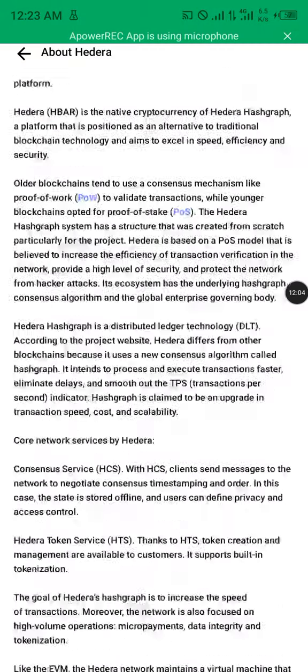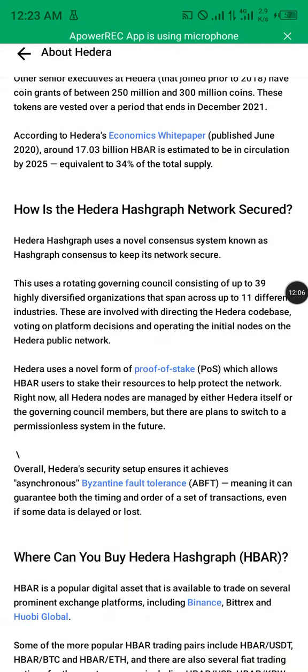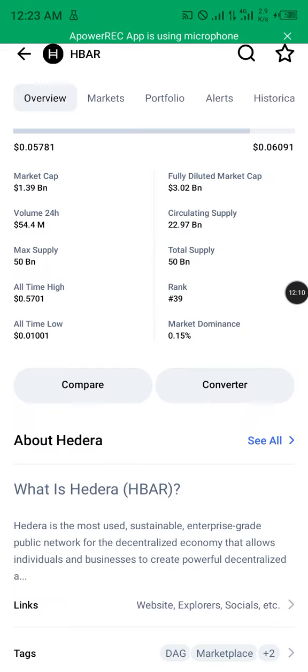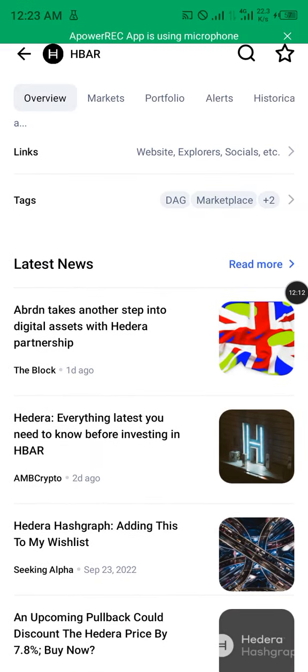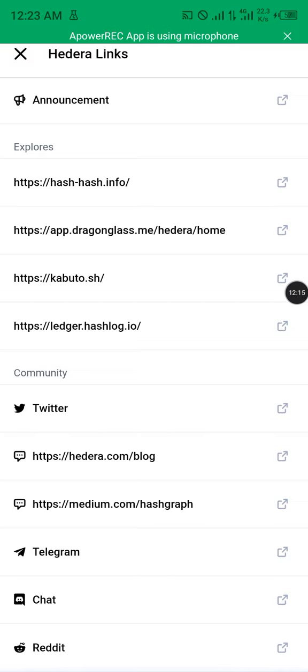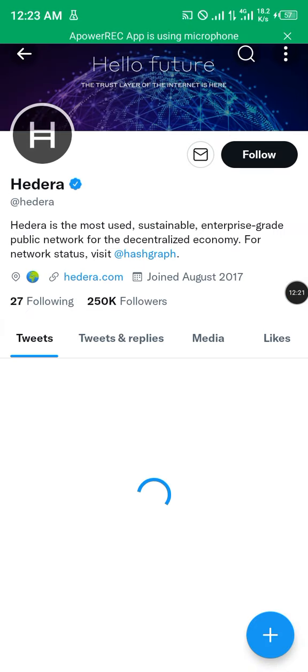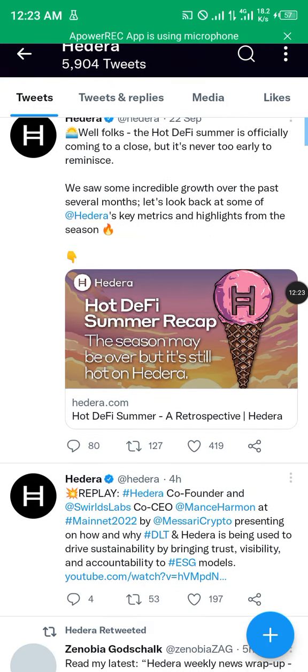And lastly, let's check out the engagement on the socials to know if it's cool or if it isn't. Okay, so just go to their Twitter account once again. Also want to check their Discord or any other socials or a Telegram channel to know if they are very engaging.